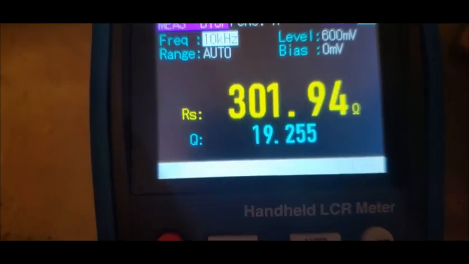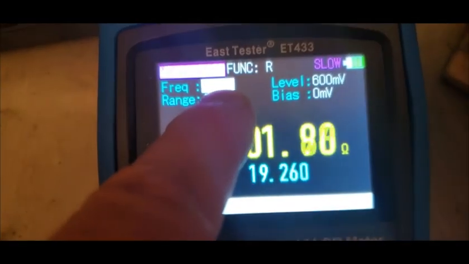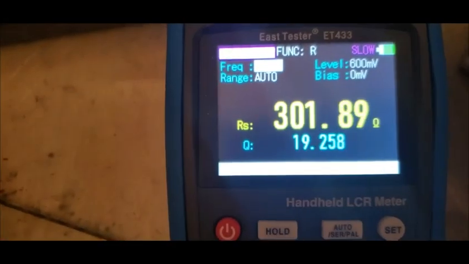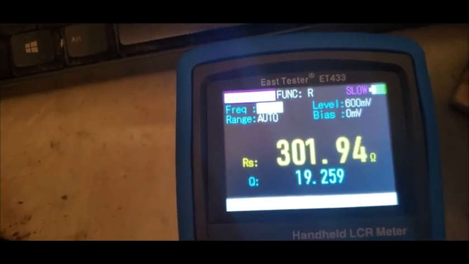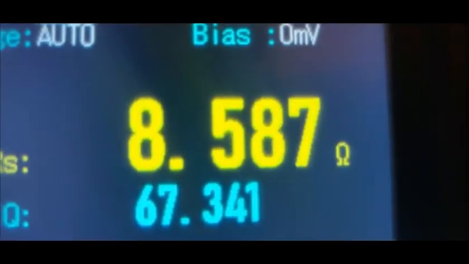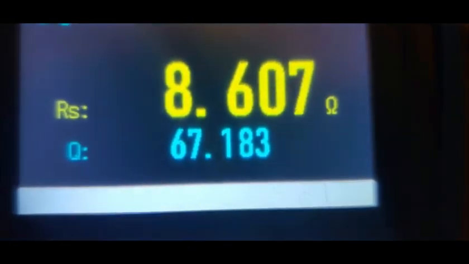Q. There's your Q factor. Your Q factor is 19 here. And your Q factor, which is what this series is all about, at 1 kilohertz, the Q factor is now 67 with this resistance having gone down to 8.5.